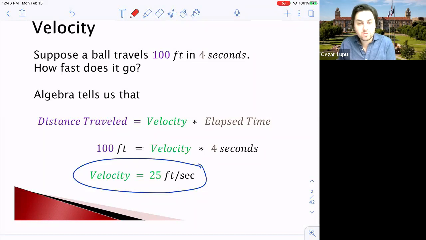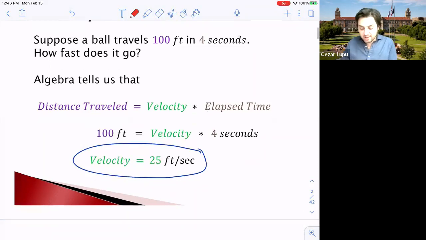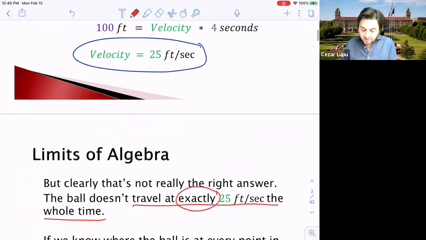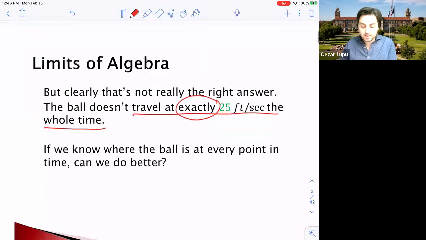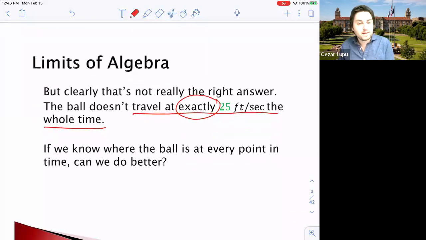Just like you see, the algebra will tell us this, but usually it's not like that all the time. The problem doesn't tell us that the ball travels at exactly 25 feet per second the whole time. If this doesn't happen, we're wondering, if we know where the ball is at every point in time, can we do better? That is the question.